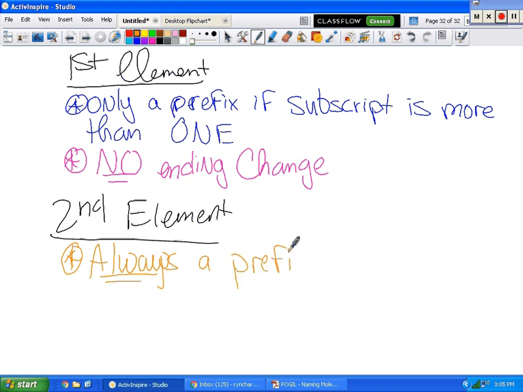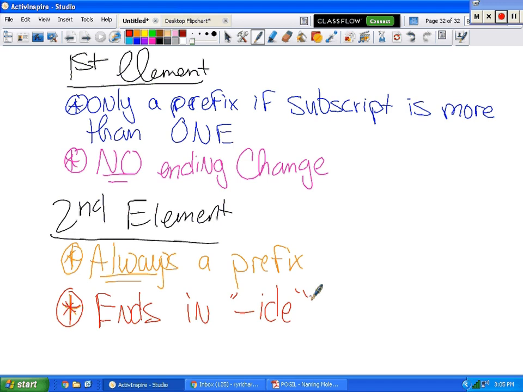So those are the 4 things. The first element only has a prefix when the subscript is more than one. How will you change the ending of the first element? You won't. When does the second element have a prefix? Always. And how do you change the ending? IDE.